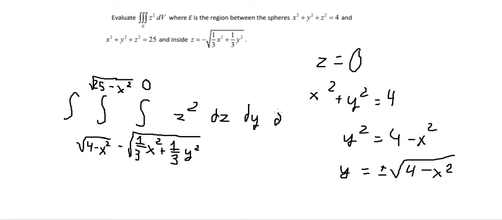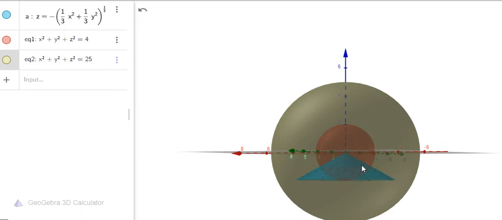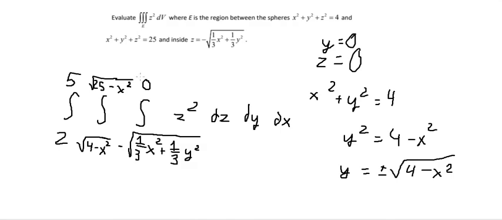The last one is x. In this situation, y equals 0, because we just finished dy. So we have 4 and 25, so x should be between 2 and 5. We know that this is positive, so we just concentrate on positive. Now we go to negative.